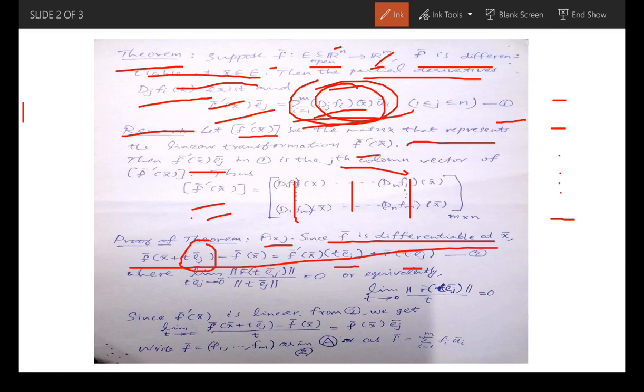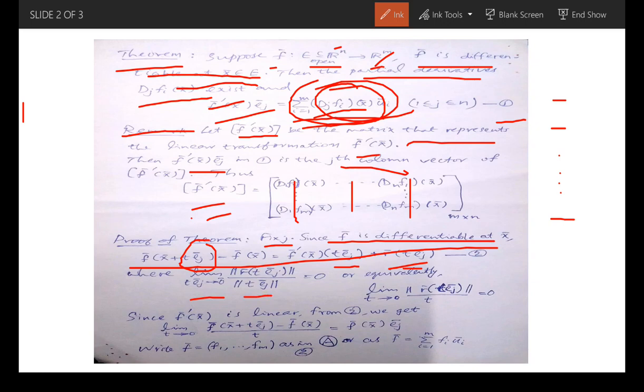Instead of h, I have to use tej, where the remainder r of tej has the property limit h tends to 0. Here it is tej tends to 0. Norm of r of tej divided by norm of tej is equal to 0. Remember, the numerator norm is in Rm and the denominator norm is in Rn.